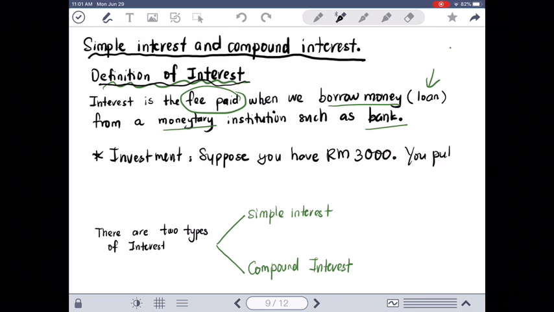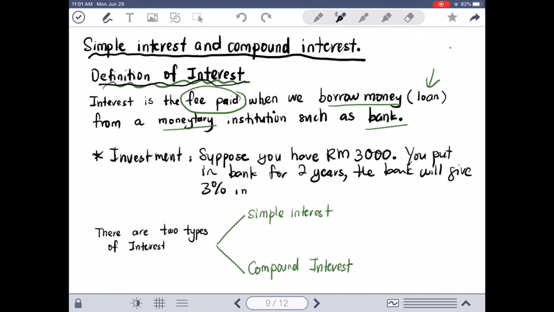You put it in the bank for maybe 2 years. The bank will give 3% interest per year.